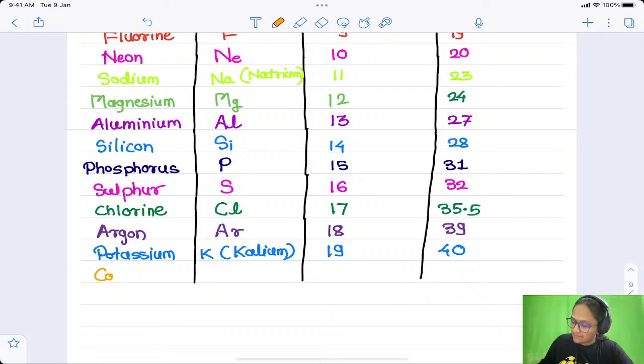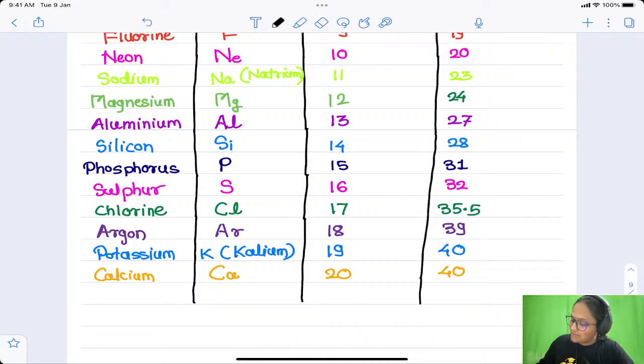is calcium. Ca is the symbol. C was already given to carbon. 20 is the atomic number, and 40 is the mass number. Okay, so these are the atomic masses, atomic numbers, and symbols for the elements.